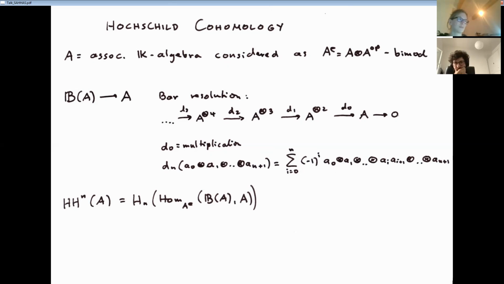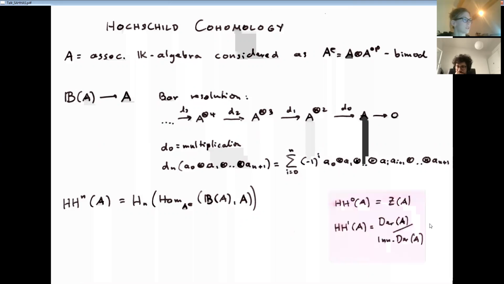In what follows, I will make some general remarks that hold for any associative algebra over a field. It's as usually considered as a bimodule over A tensor the opposite algebra. As such a bimodule, one has the bar resolution and computes the cohomology of the homomorphisms from the bar resolution to the algebra, everything considered as bimodules.